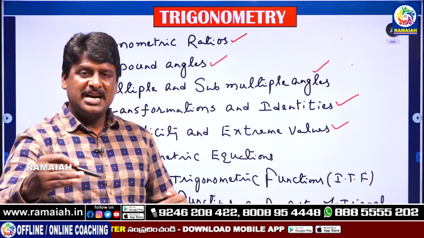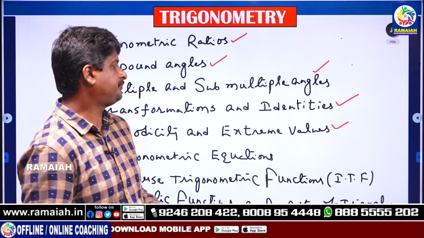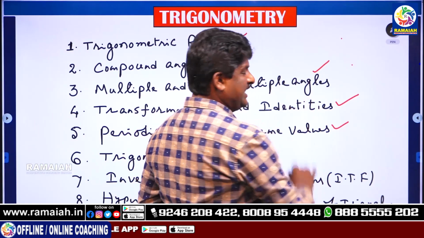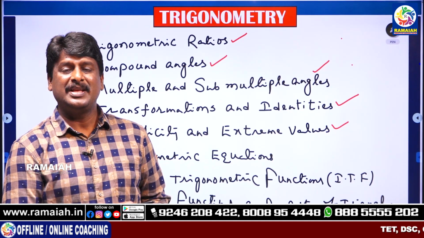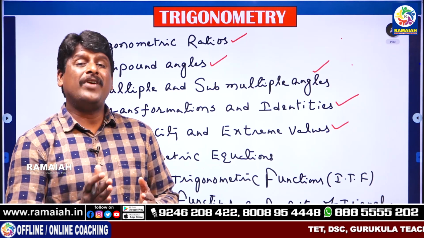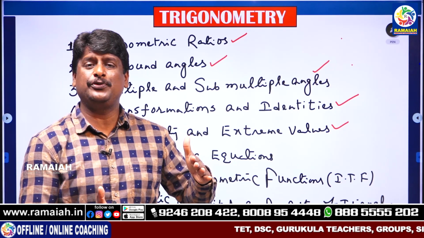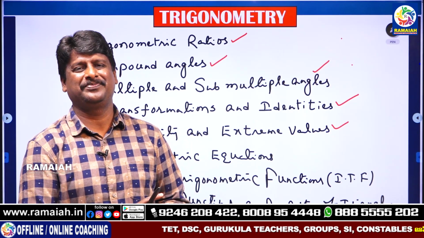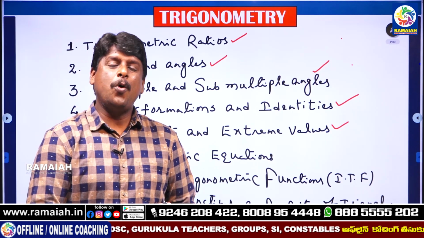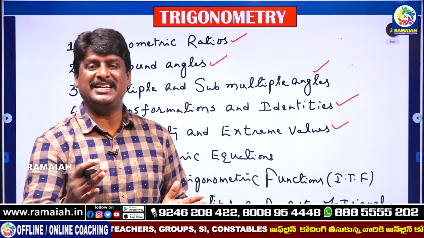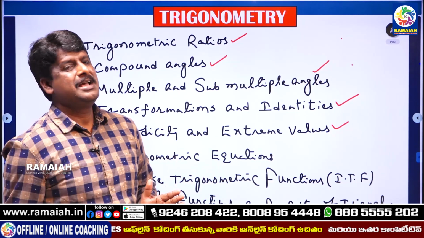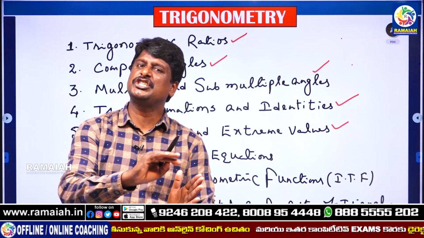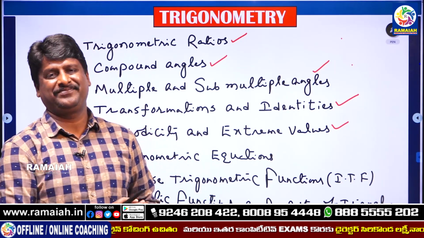What is the nature of a trigonometric ratio: where it reaches its maximum value, where it reaches its minimum value, and in which interval it is oscillating, that is, in which interval it repeats every time.